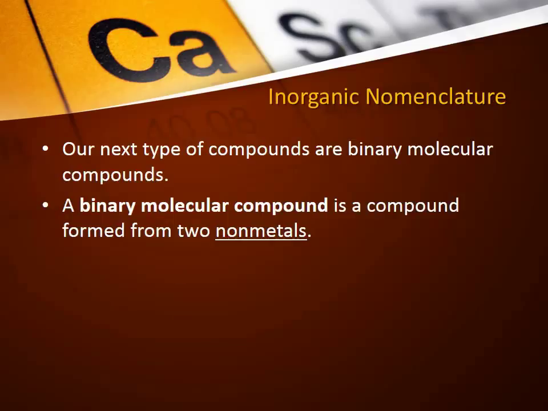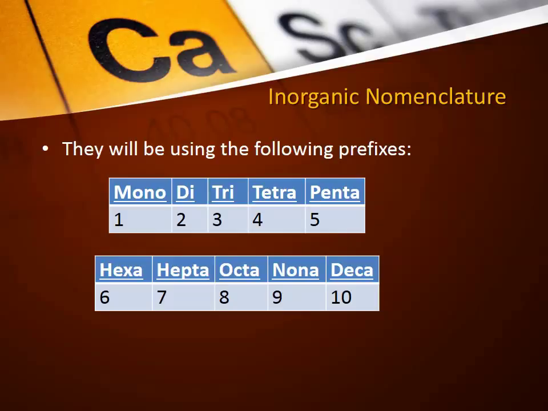Our next type of compounds are binary molecular compounds. These are when we have 2 nonmetals. Please keep that in mind that you will only use these for 2 nonmetals. They will use the following prefixes: mono, di, tri, tetra, penta, hexa, hepta, octa, nona, deca.